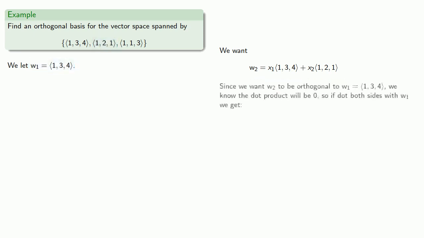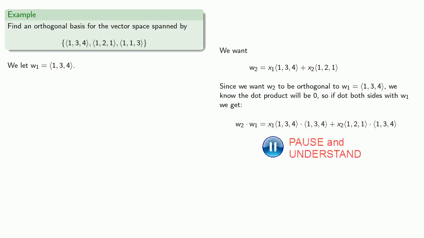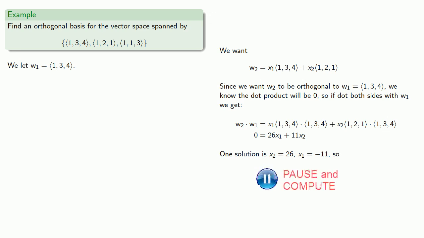Since we want W2 to be orthogonal to W1, we know the dot product will be 0, so if we dot both sides with W1, we get, and we can find the dot products, which gives us the equation, and we can find one solution, x2 equals 26, x1 equals negative 11, which gives us W2.